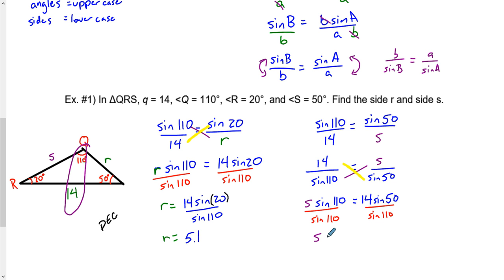And side S will be 14 divided by the sine of 50, or multiplied by the sine of 50, divided by the sine of 110.